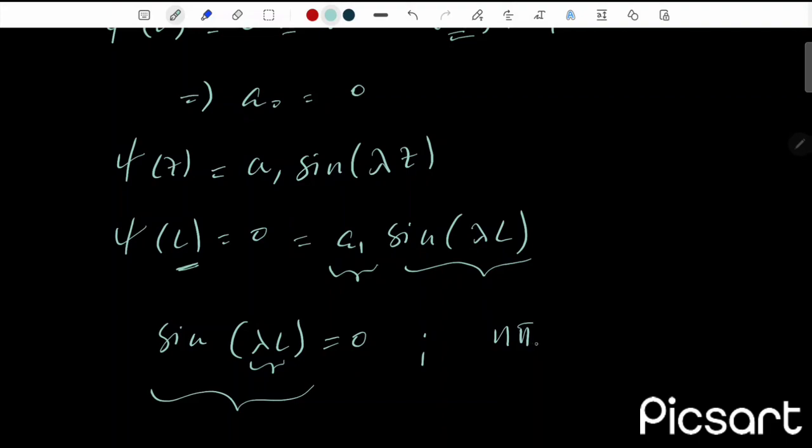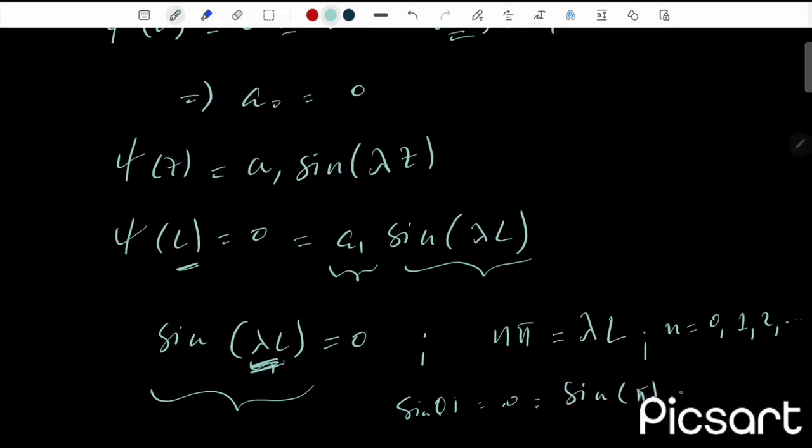Then n times pi must be equal to lambda times L. Here, remember that n is equal to 0, 1, 2, and so on, because when we have 0 as the argument of sine, we have sine of 0 equal to 0. On the other hand, we also have sine of pi equal to 0, sine of 2 pi equal to 0, and so on.